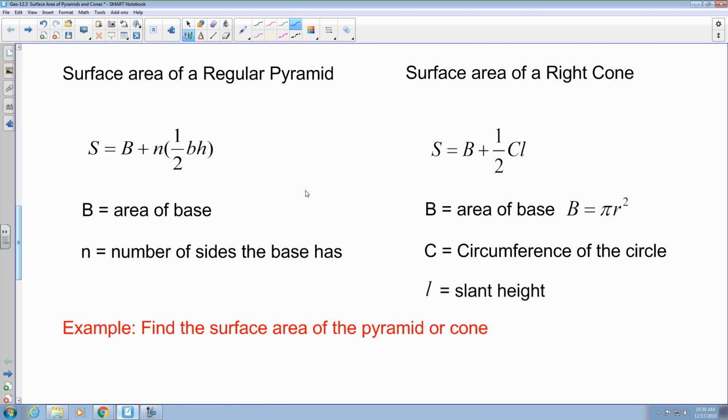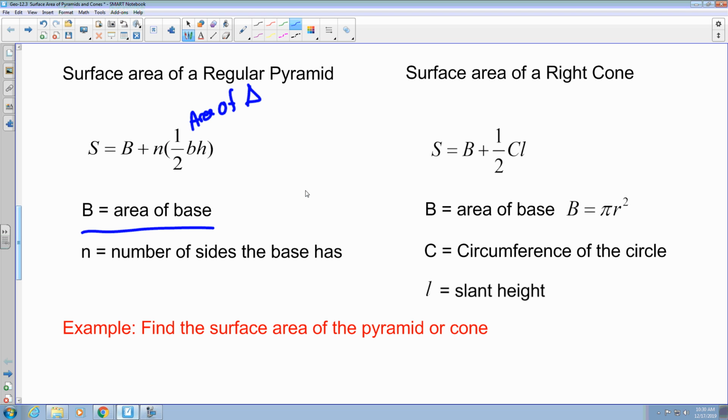Here we have the surface areas of a regular pyramid and of a right cone. For a pyramid, the surface area is equal to the area of the base, plus n, the number of sides the base has, times the area of a triangle.